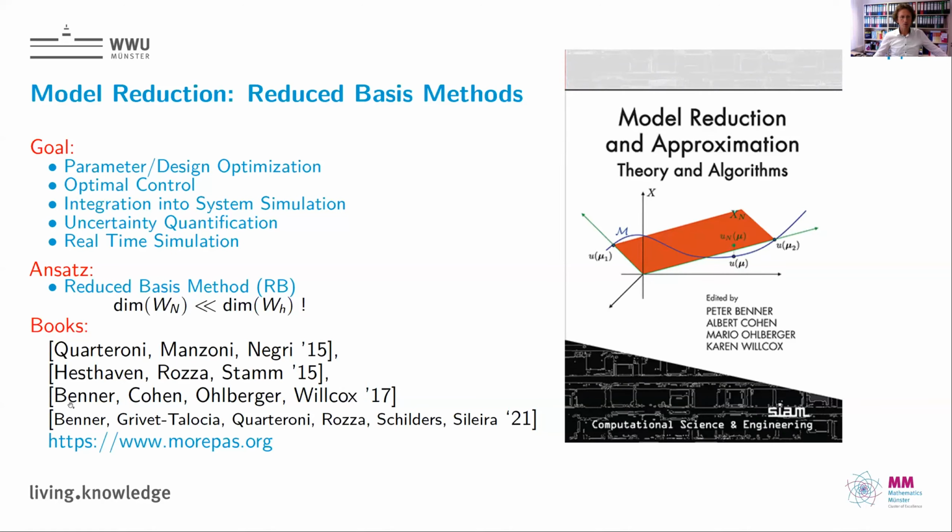I also want to hint you, in addition to this book, which I also listed here with the cover page, where you find aspects of the theory of model order reduction and also aspects of algorithms and comparison of algorithms and their performance for different applications. So if it comes to model order reduction, we have, of course, always in mind that we do not only want to solve a large-scale PDE once.